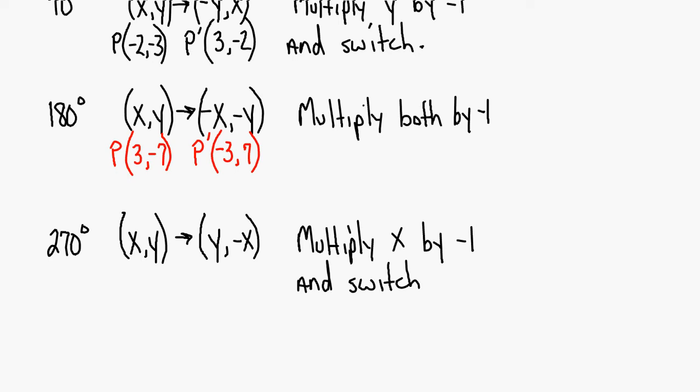All right, I want you to think about this for a second. All these rules apply to counterclockwise rotations. Agreed? What if you were asked to rotate the shape clockwise 90 degrees? You do the opposite?